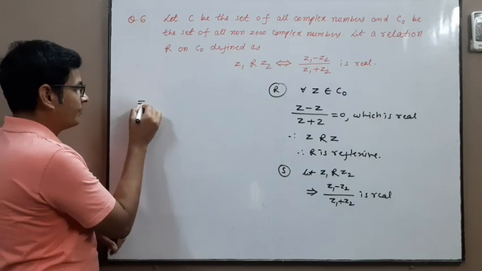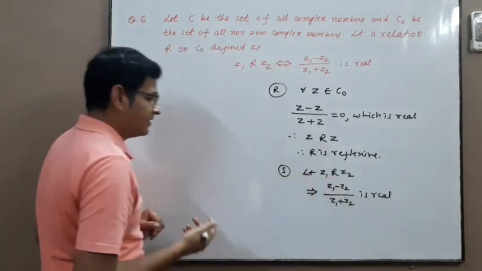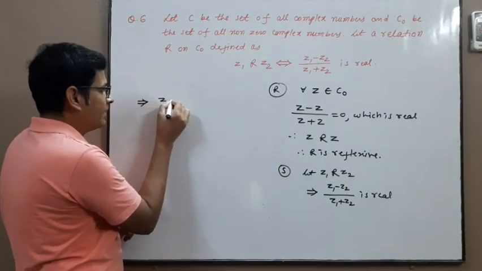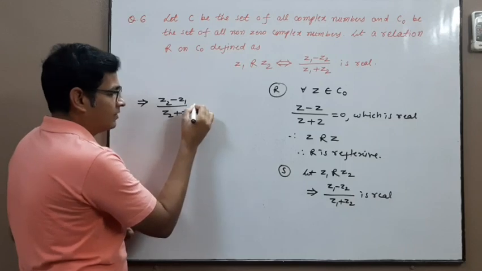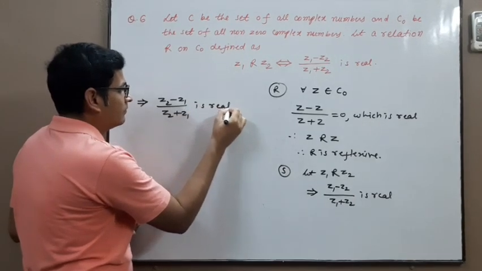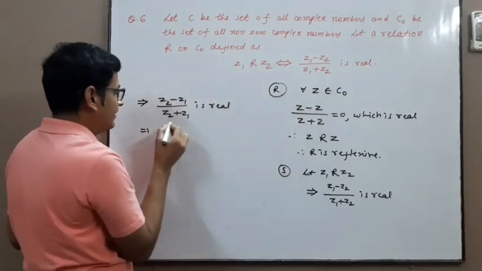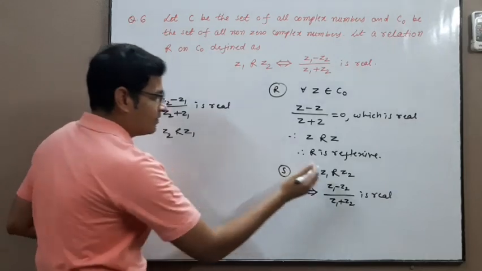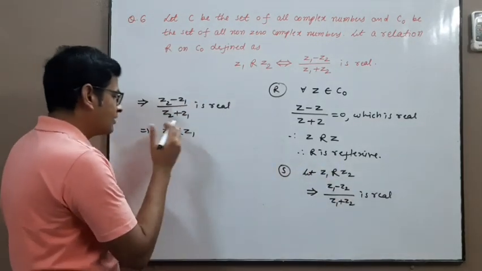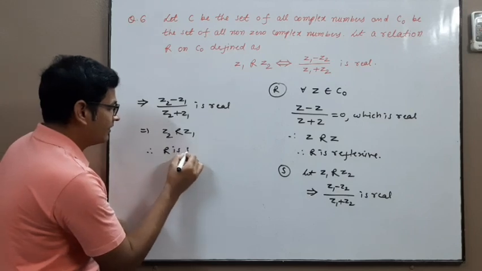This implies Z1 - Z2 is real. If we interchange the elements, Z2 - Z1 is also real, and if this number is real, therefore by definition Z2 is related to Z1. Z1 is related to Z2, Z2 is related to Z1. Therefore R is symmetric.